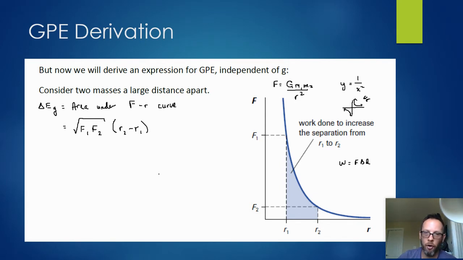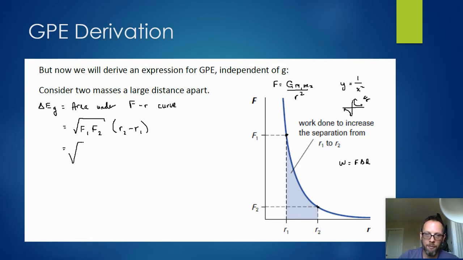The area under this curve is this horizontal distance, kind of like the base of a rectangle, R2 minus R1, times the root of the product of this force value here and this force value down here. And that's our starting point, because we know an expression for the force, right?